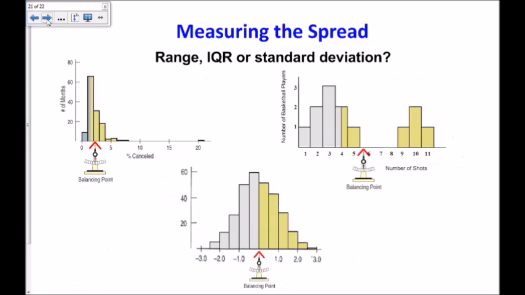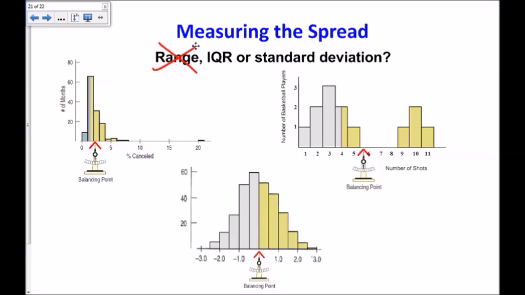So, of the 3 ways of measuring the spread, range, IQR, standard deviation, which one do we use? Well, the answer is you never use the range. It's a terrible way of measuring the spread, so don't use it. The IQR is useful in some cases, and the standard deviation is also useful in some cases.